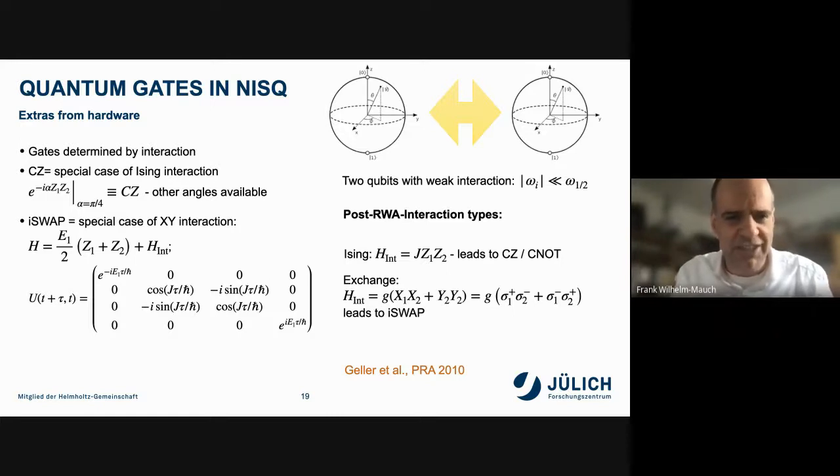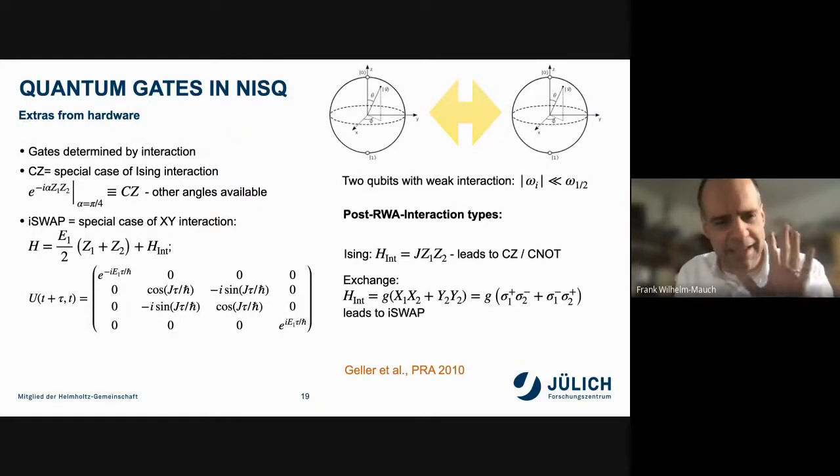If you exponentiate this by the correct angle, you do e to the i alpha z1 z2, you get the controlled Z. If you have the XY interaction shown on the right as exchange interaction, so XX plus YY, you're naturally getting an iSWAP if you apply it for the right time. And there is a work by Michael Geller's group showing that under a set of natural approximations called the rotating wave approximation, there's hardly anything else.